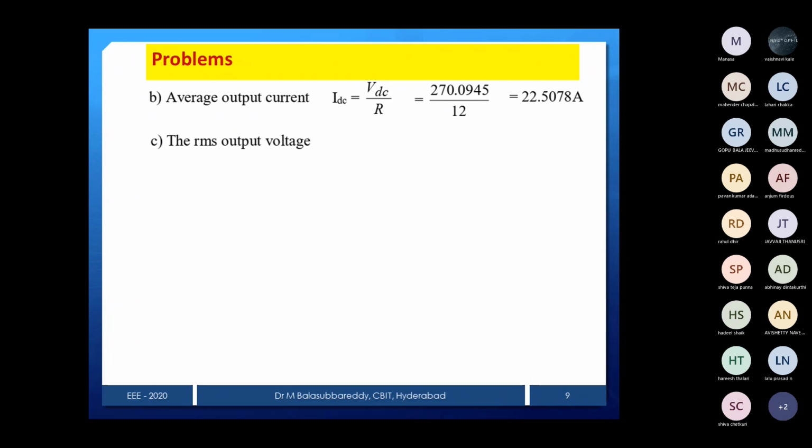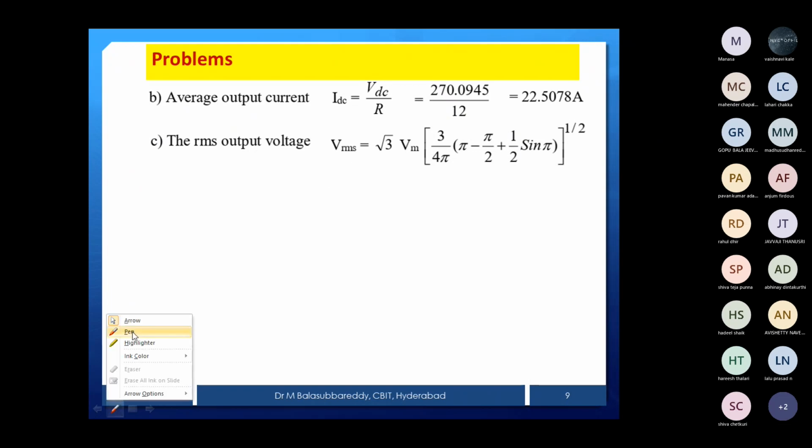And then RMS output voltage. So the RMS output voltage expression VRMS: once you know the VDC and the limits, just square it, to the power 1 by 2. If you solve that, we'll get VRMS under this condition. Again, we can do simple substitution. See that Vm is known to you, 400 by root 3 into root 2, root 2 into 400 by root 3.